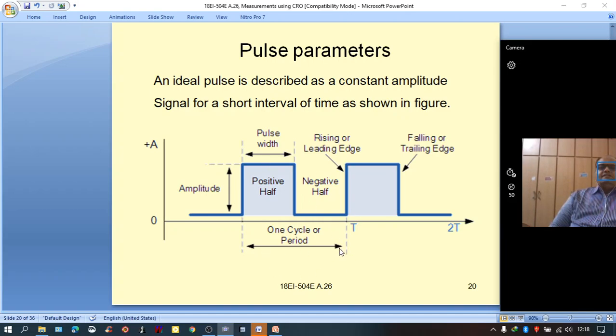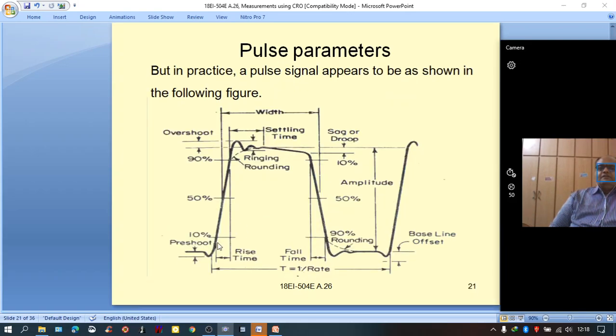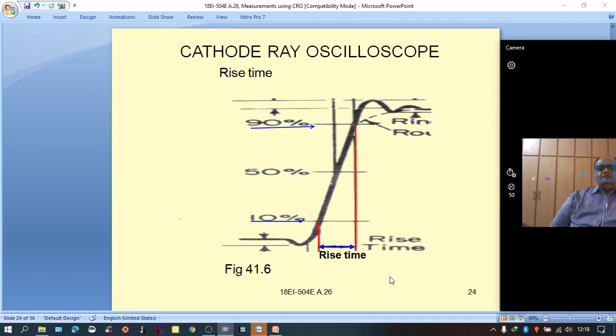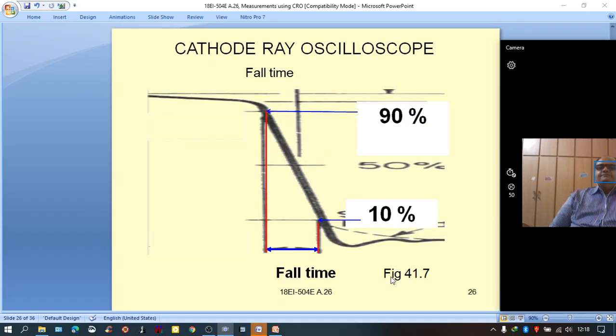On time by total time into 100 gives the duty cycle. Here also, from 50% to 50% is the pulse width, and from 10% to 10% once again is the total time. So pulse width divided by the total time gives what we call duty cycle.